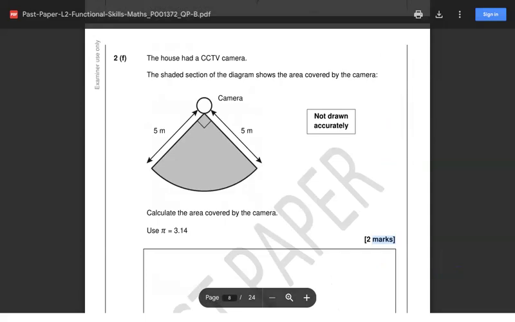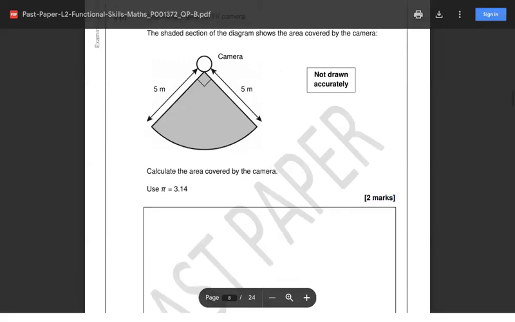So the house has a CCTV camera, and the diagram is shown like this. Calculate the area covered, because it's a quarter of a circle. Just find the area of a circle, then divide it by 4. The formula for the area of a circle is pi r squared, pi times radius squared.